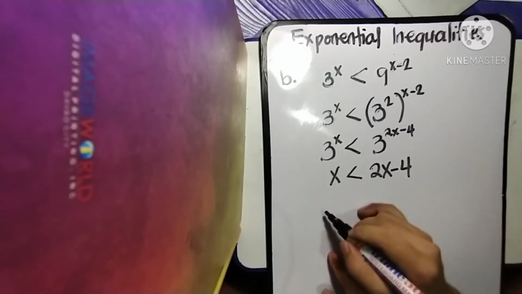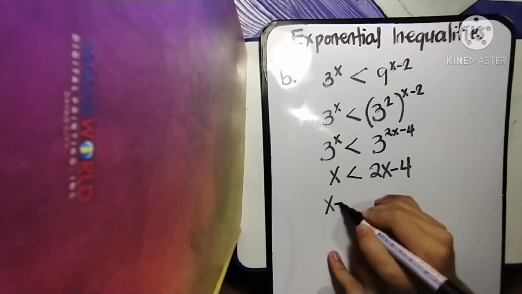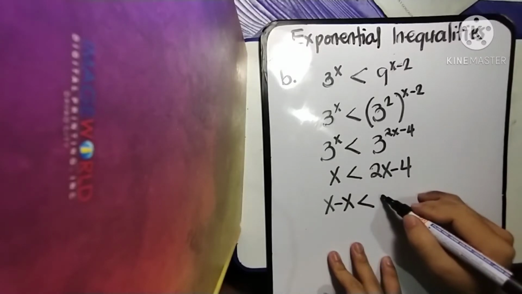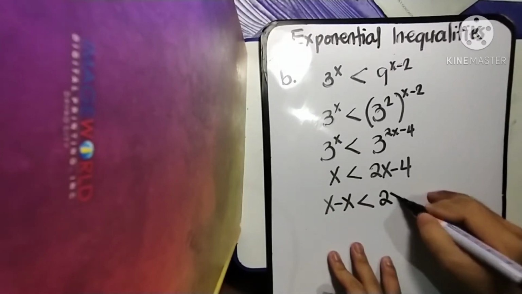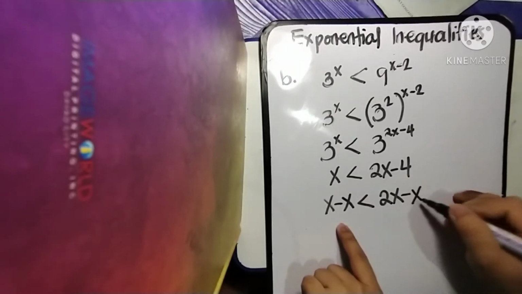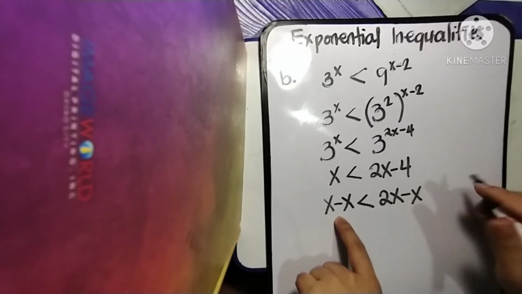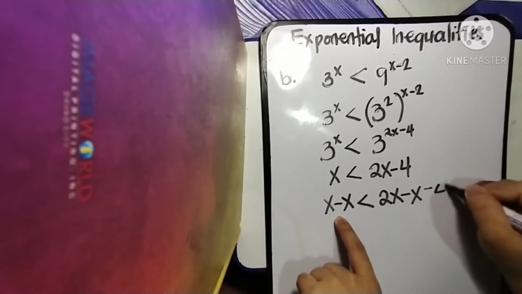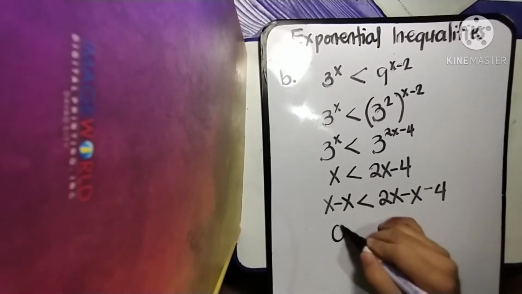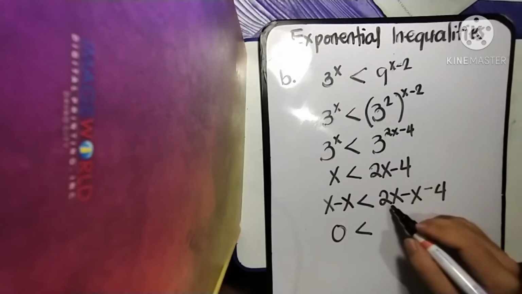So, this time, we have x minus x is less than 2x minus x. We subtract on both sides to maintain the balance of the equation, and then minus 4. Okay. So, x minus x is 0, which is less than 2x minus x.